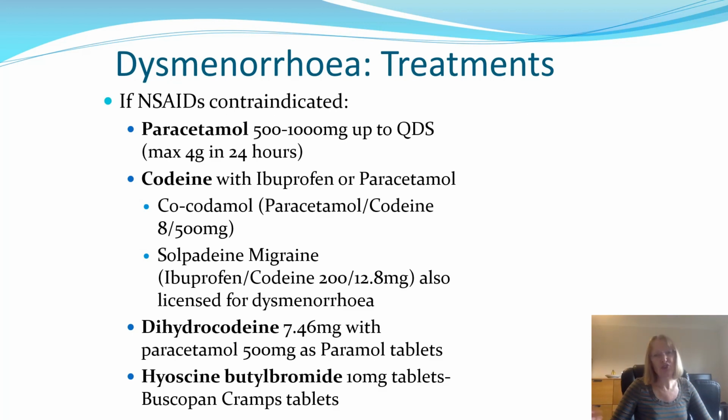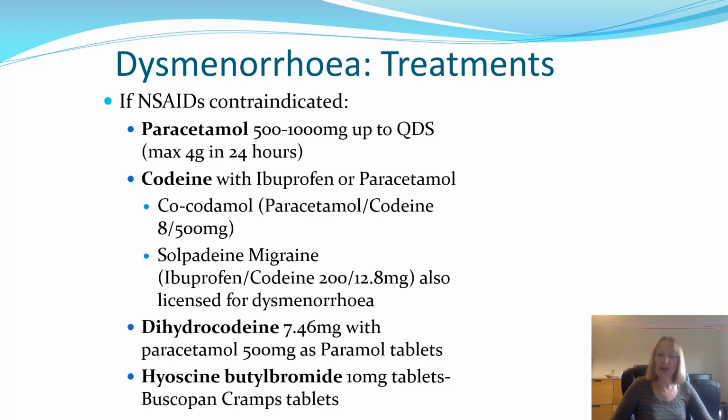If they can't have non-steroidal anti-inflammatories, you can give paracetamol. You can give products which have codeine in them. We can't just give codeine over the counter on its own as tablets because it's a prescription only medicine, but it is contained within co-codamol, and also ibuprofen and codeine mixtures, which you can give for this condition.